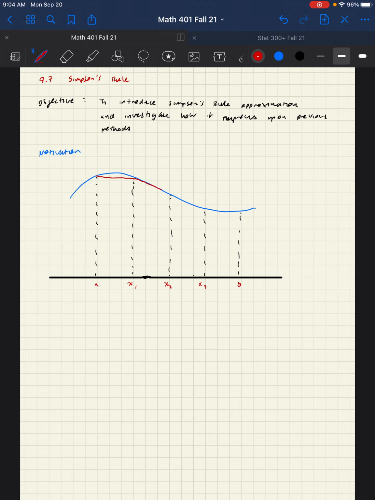So under the trapezoidal rule, we would approximate the function itself using straight line segments like this, and then calculating the area. But we can do better.